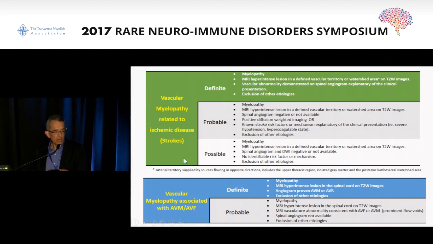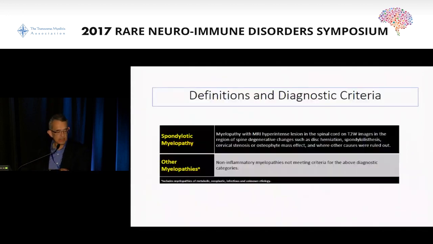And we define 2 other types of myelopathies, myelopathies associated with strokes and myelopathies associated with arteriovenous malformation and arteriovenous fistula that are abnormalities of blood vessels that happen frequently in people after age 50 that frequently mimic transverse myelitis. And that was one of our main purposes, just to make sure that we were able to classify correctly those patients.